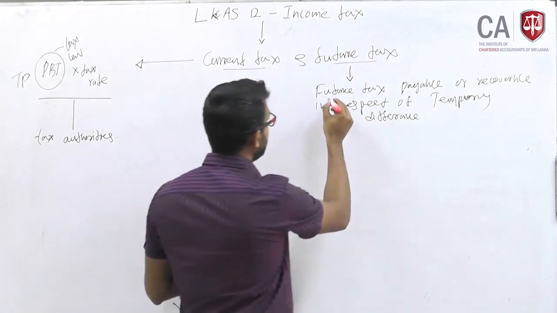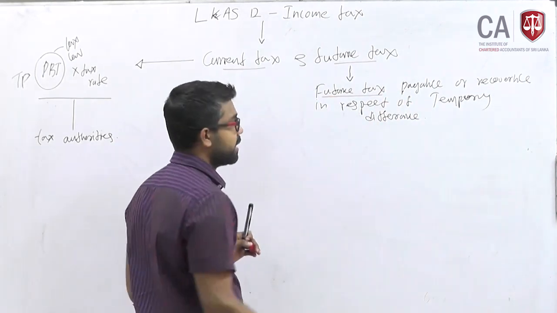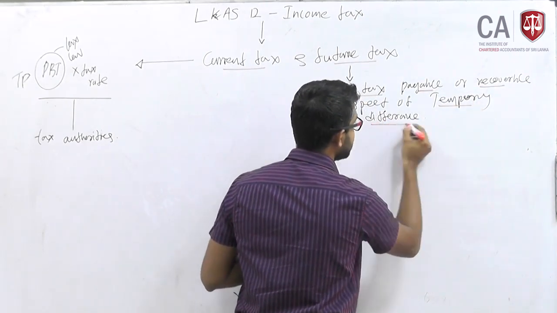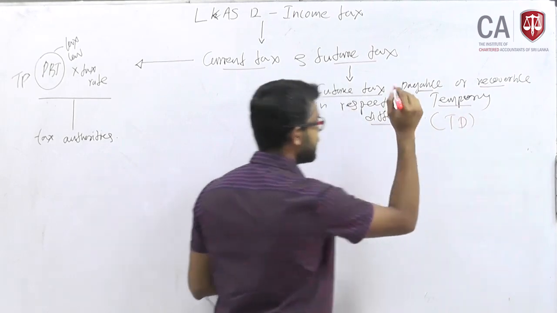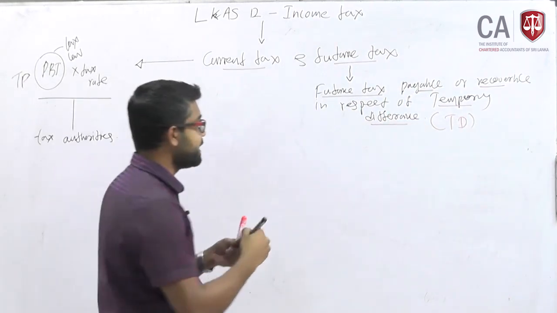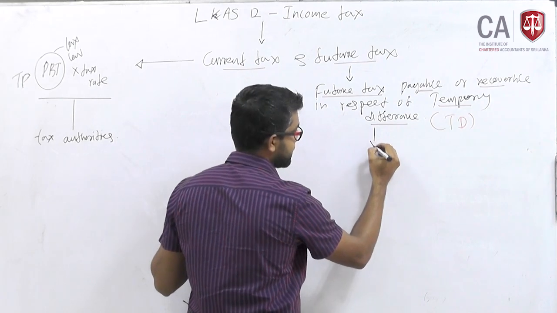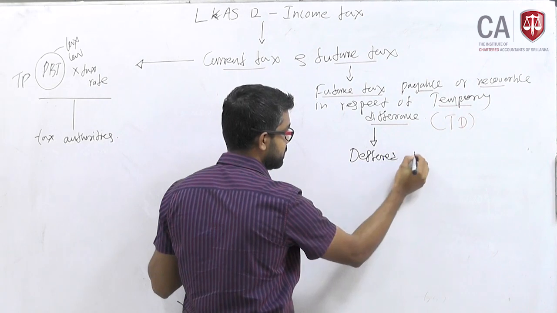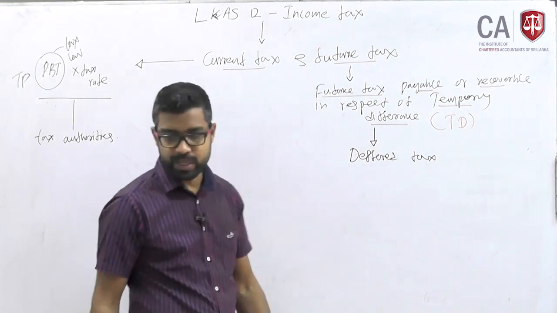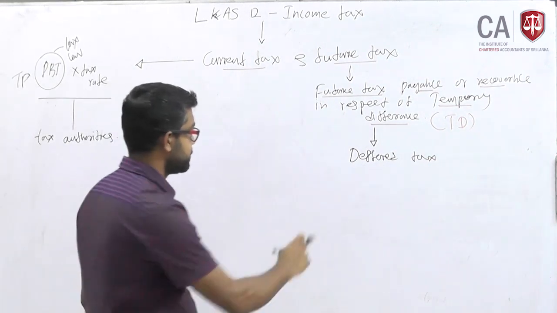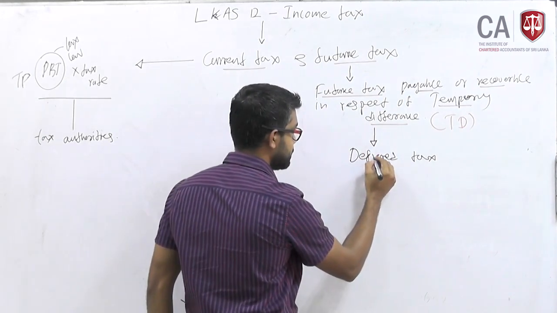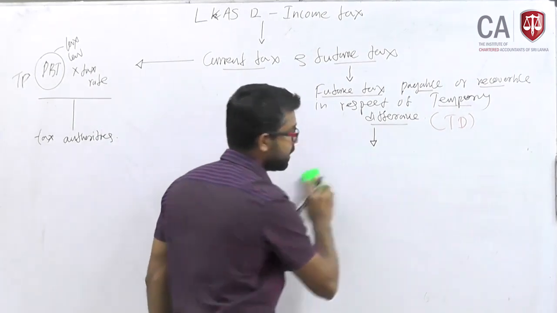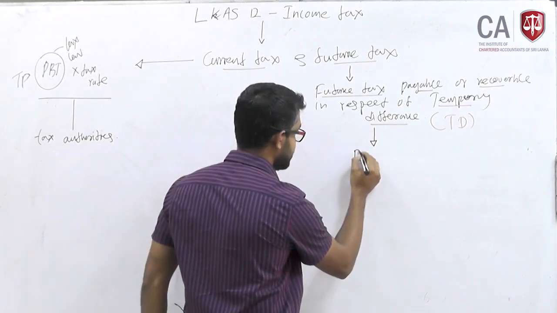Important part, future tax can be payable or recoverable on what? Temporary difference. We identify this as what? Deferred tax. We identify this as deferred tax.